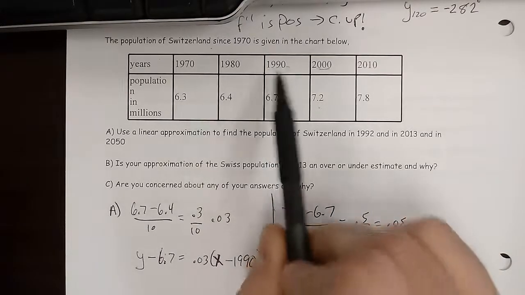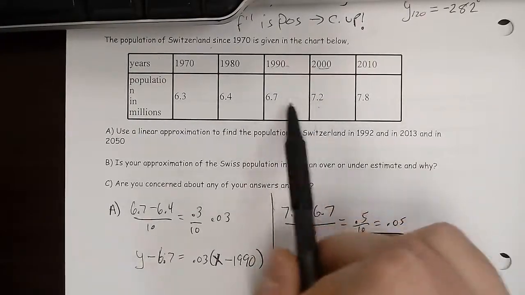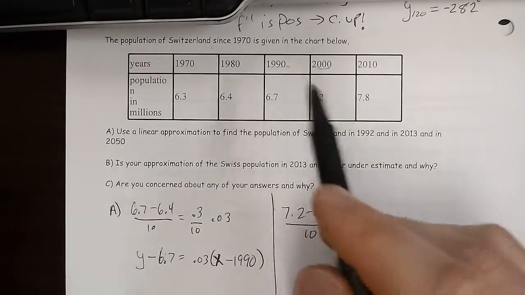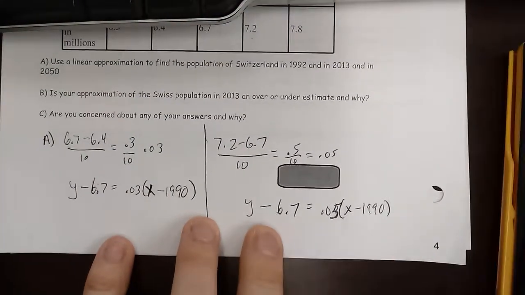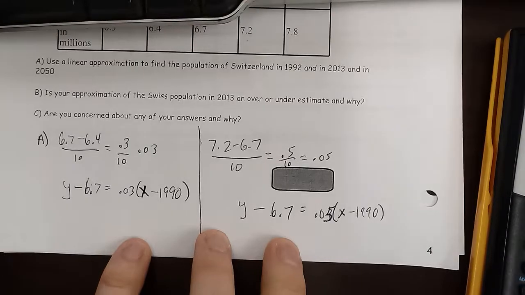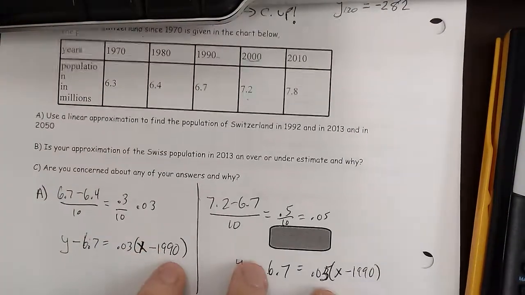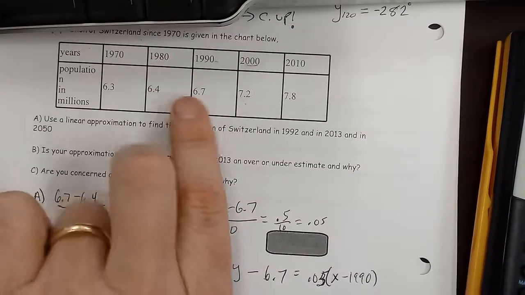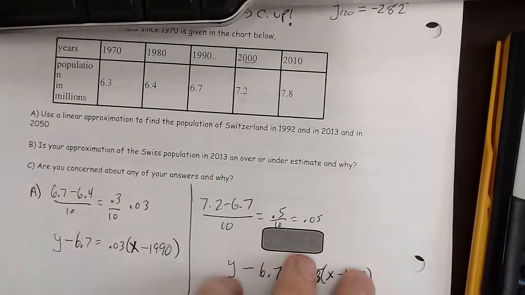So I think I'm going to stick with the 1990 to 2000, because that's the interval that this is actually on. I think the 1990 to 2000 is going to be better out of these two, because that 0.05 is the average rate of change during these years. Instead of saying this was the average rate of change and extending it, this is the average rate of change here, so let's carry that along.